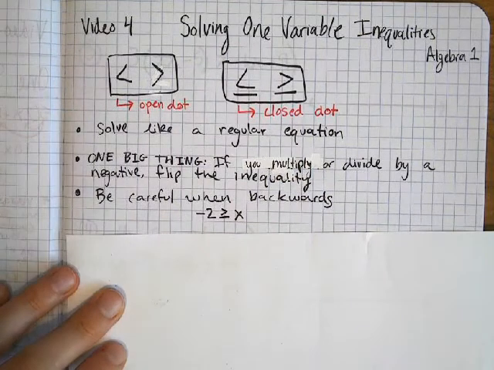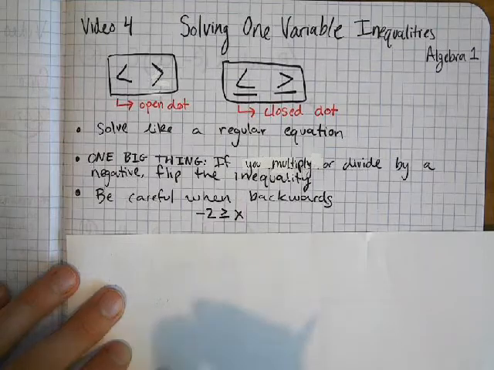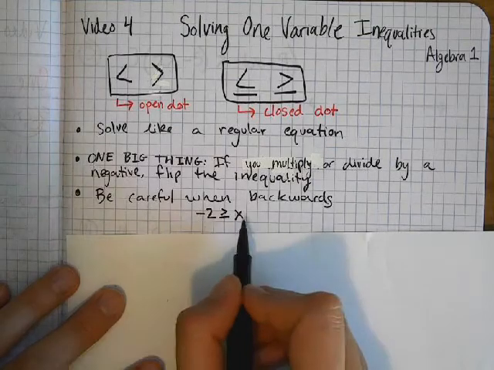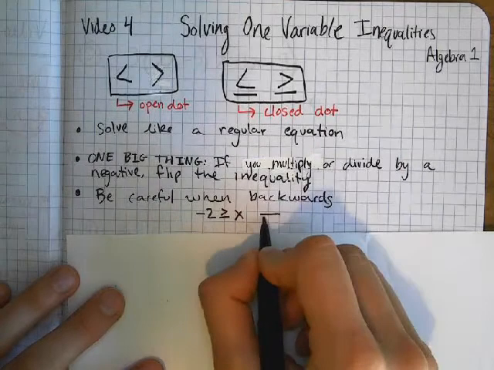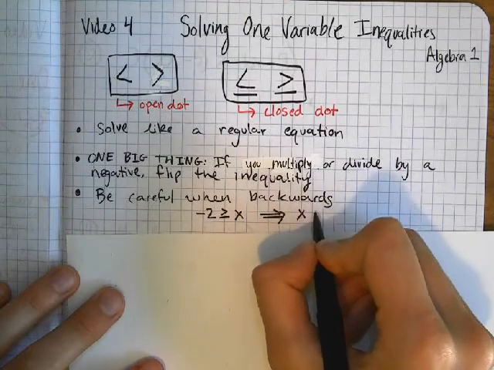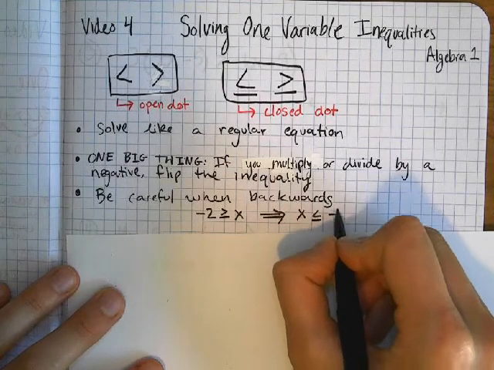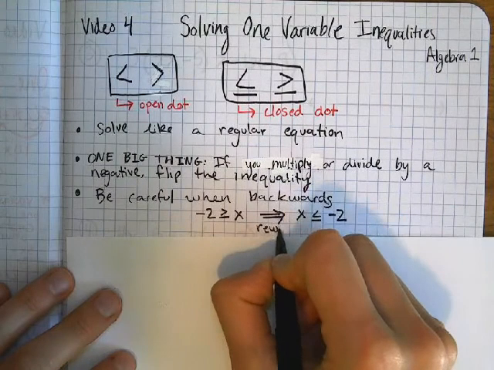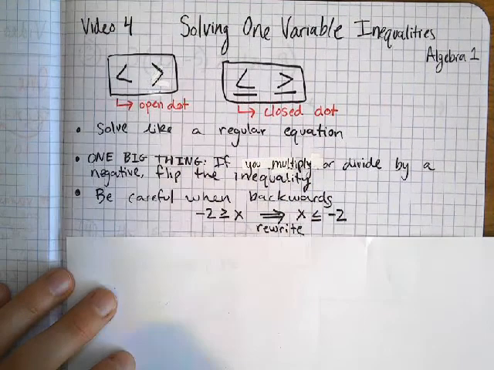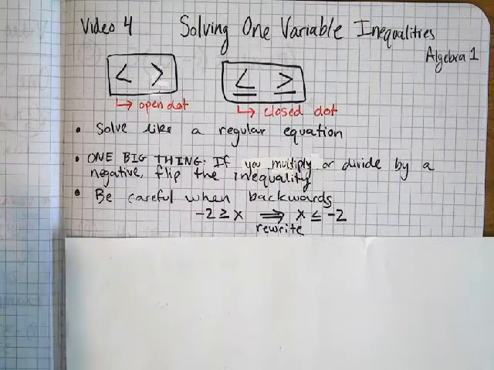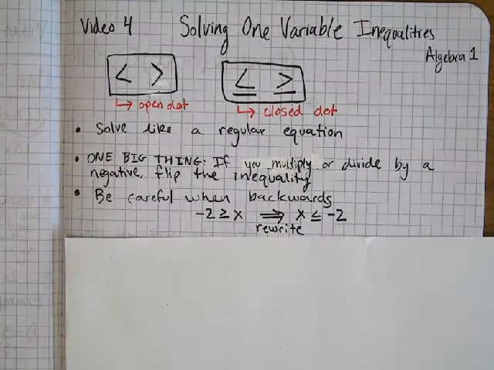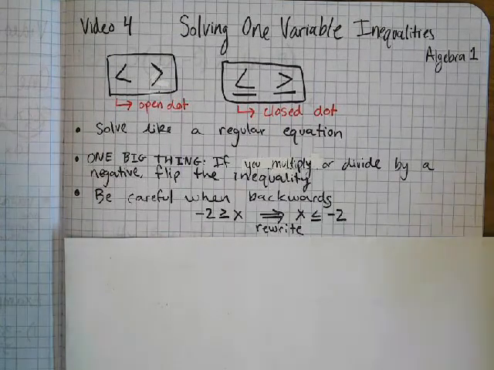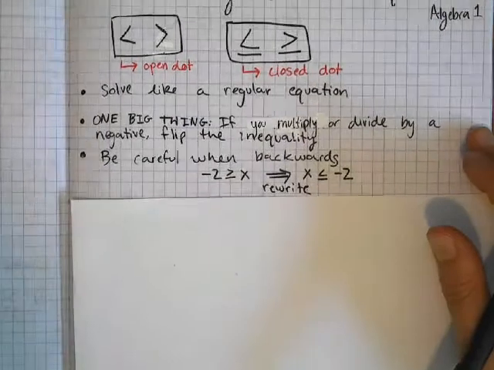A lot of times for math students, that's complicated. It's kind of hard to read it backwards. I would change that to x is less than or equal to -2. To me, it makes much more sense to rewrite. So when we're going through problems, I'm going to be rewriting for you guys too. It just makes a little bit more sense in my head.